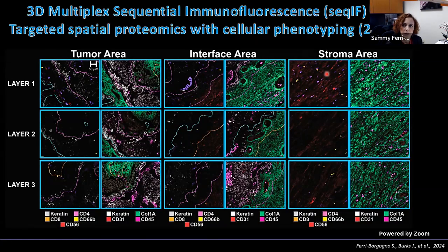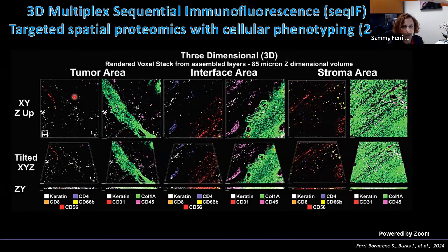But this is basically in 2D on only one layer. When we merge the 3 different layers and we perform 3D stacking and alignment, as you can see, there are new neighborhoods that pop up that were not visible in 2D. So as you can see over here in the tumor area, now we have a neighborhood of 2 neutrophil cells. And over here in the interface, there are more neutrophils clustered together and a lot more in the stromal area over here.